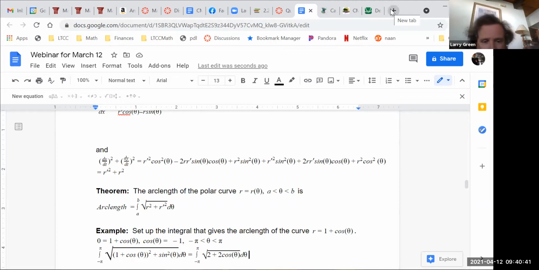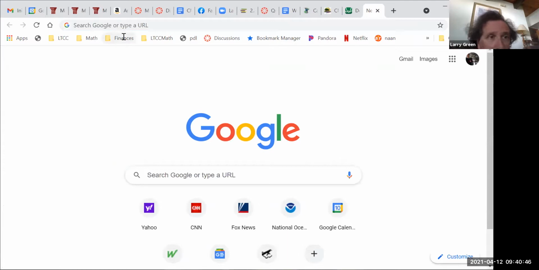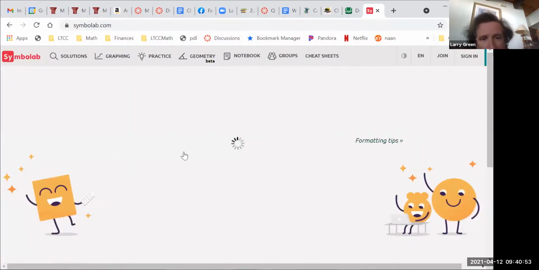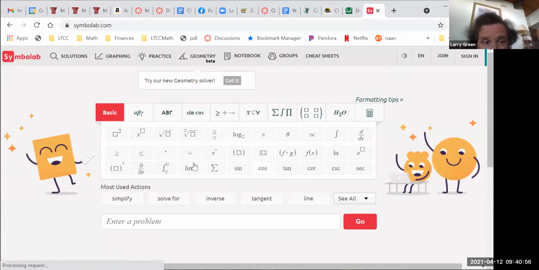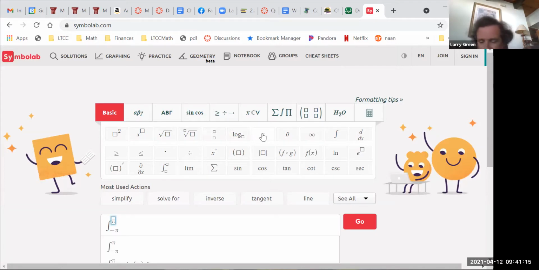So it's the square root of 2 plus cosine of theta. In a moment, let's see. I want a definite integral, from negative pi to pi. See if it even gives it to me.